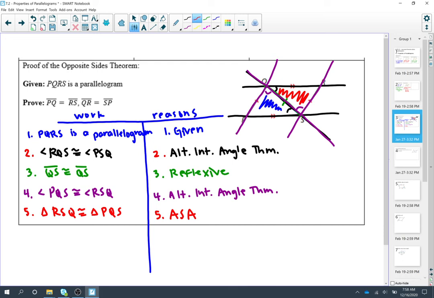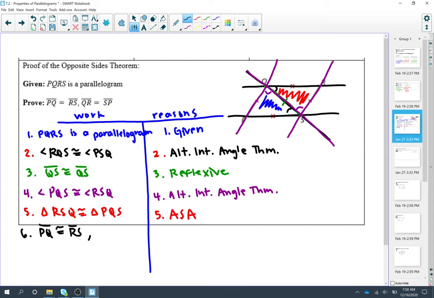Now, I have 2 triangles that are congruent, which means all of their corresponding parts are also congruent. So I already know that QS and QS are congruent to each other because I set it up here in step 3. But now I can also say that PQ is congruent to RS. So step 6, PQ is congruent, or I could say equal, because it does say equal up here, to RS, comma.